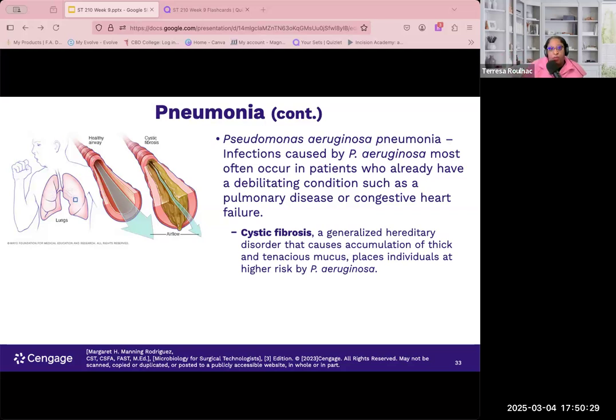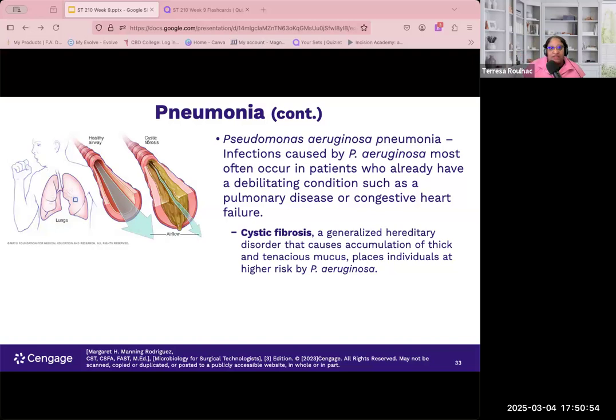Now, as the infection progresses, the bacteria form a biofilm. Remember, we talked about biofilm, which is a protective layer that makes it very, very difficult to treat and allows that bacteria to form more microcolonies in the bronchi. This is going to cause complications like inflammation in the actual windpipe and the bronchi.